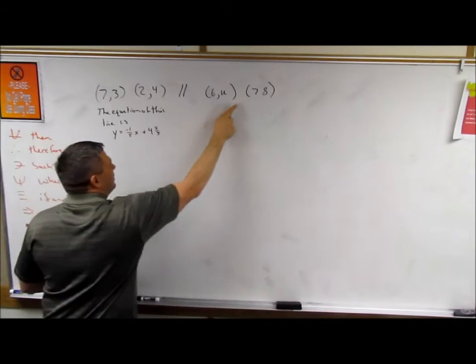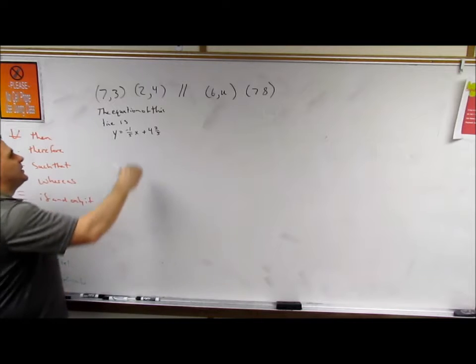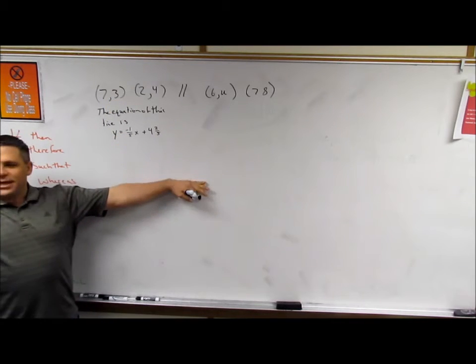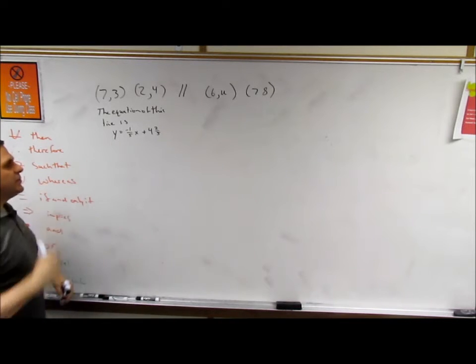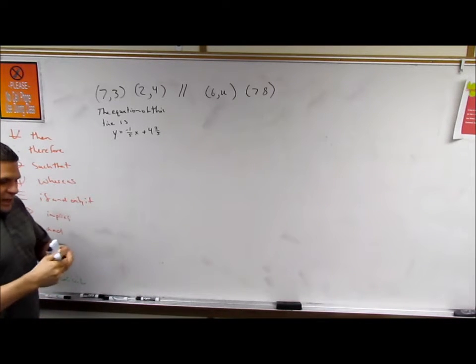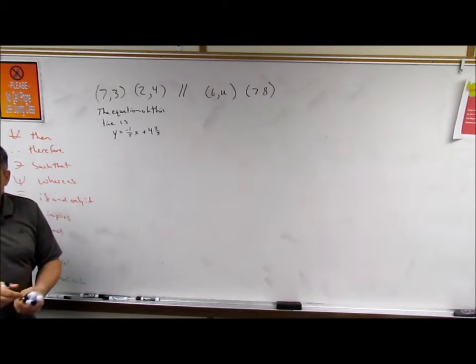we're finding the parallel line, but to find that parallel line, I need to find the equation to this line. We already did that in part 1 of this, okay? So, boom, that's the equation of the line. Alright, this gives me some room over here to do some thinking.